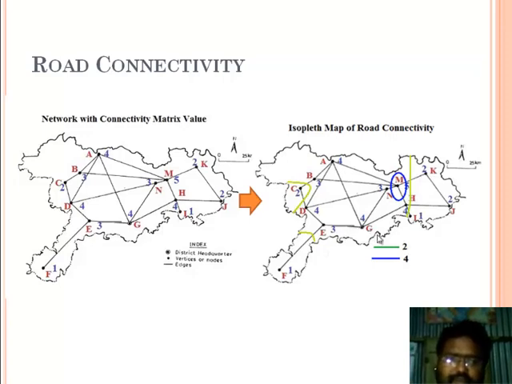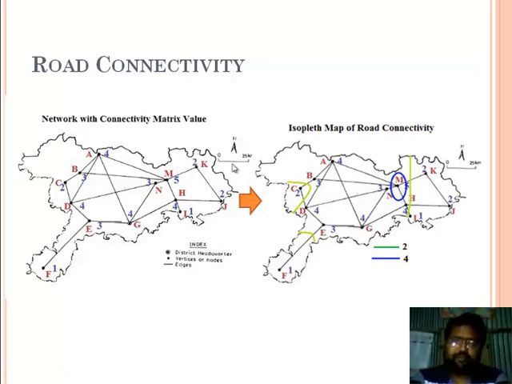Then we'll draw the second isopleth of 4. In this graph, only one node, that is 5, has a value more than 4. Therefore, this is the isopleth here. Look. Now, with the help of this isopleth map, we can prepare a choropleth map also. The areas having a lower connectivity matrix value can be shaded sparsely.